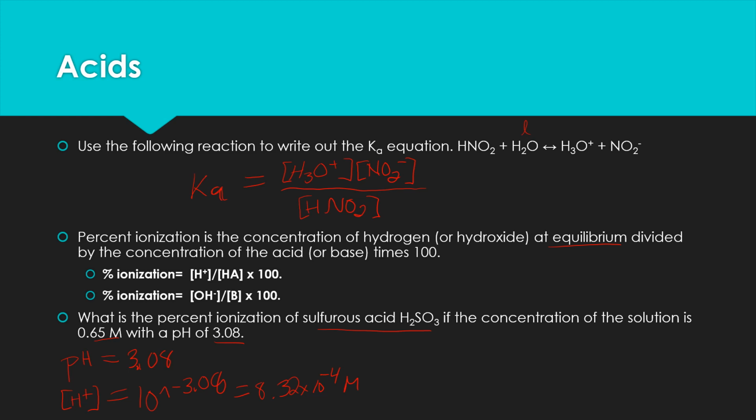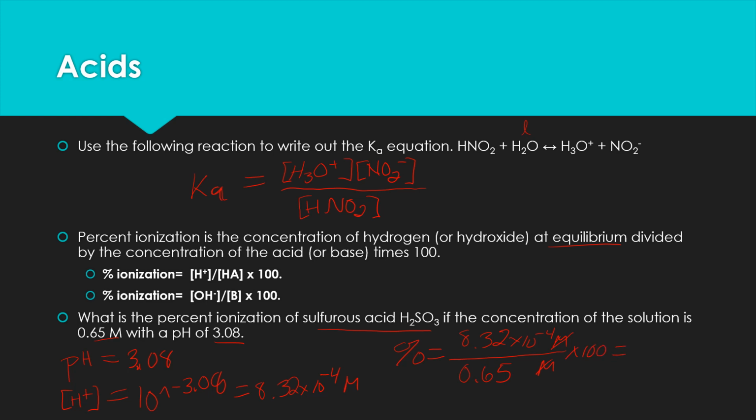Well, if we want to find our percent ionization, we want to know the part that ionized. So that's our concentration of hydrogen, 8.32 times 10 to the negative 4, out of the concentration of the whole solution, which was 0.65. These are both molarities, so the molarities cancel, and then we want to make it a percentage, so we multiply by 100.